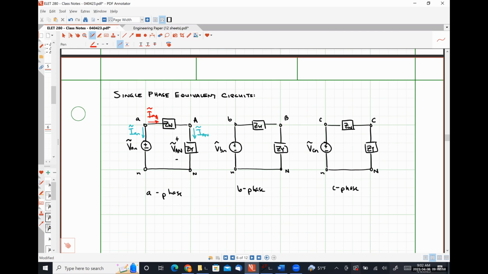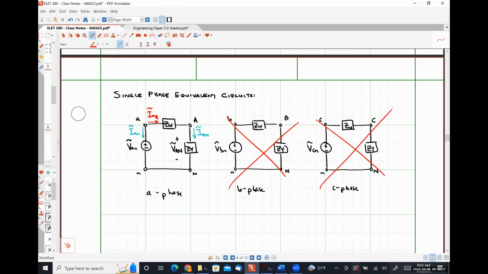Okay. Now, I would argue that we never need to actually draw or analyze the B phase equivalent circuit or the C phase equivalent circuit. Somebody tell me why. Because they're the same exact thing. If we want the B phase, we just solve for the A phase quantity and subtract 120 degrees.